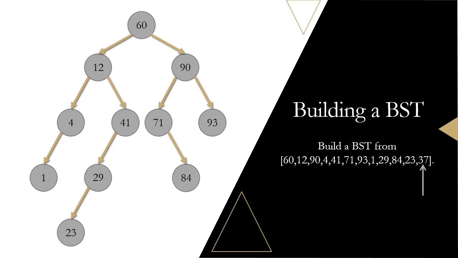So we move to the left. We come to 29. It is greater than 29. So we should move to the right, but there is no right child. So we make 37 the right child of 29. In this way, our binary search tree is complete.